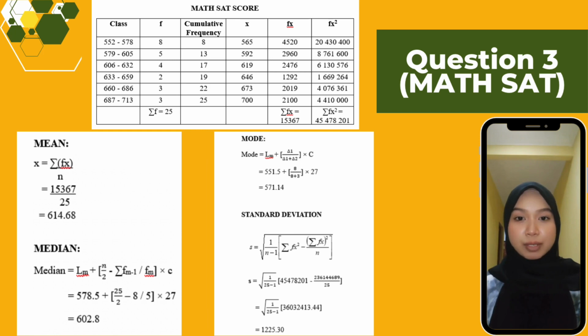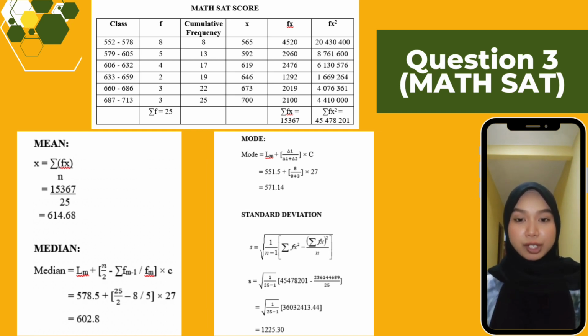Then the answer will be 602.8. To calculate the mode for the math set: 551.5 plus bracket 8 divided by 8 plus 3 close bracket, then multiplied by 27, which equals 571.4. Then I will continue with how to calculate standard deviation.